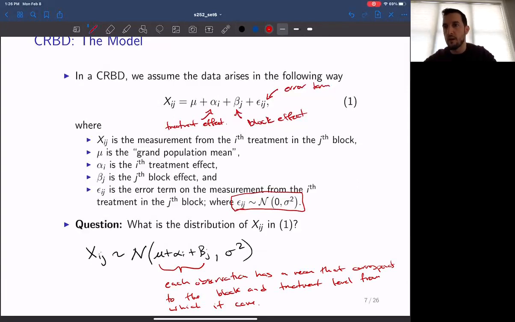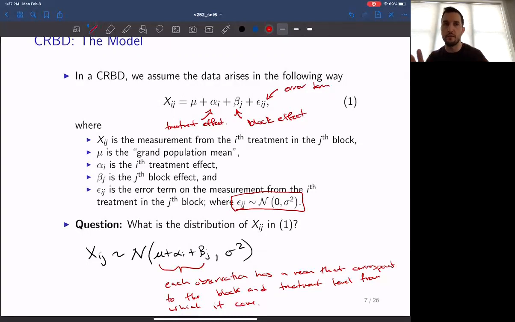With the one-way ANOVA, we said all of the data are normally distributed. All of the data have the same variance, but the data points can belong to normal distributions with separate means. With the CRBD, we are saying the exact same thing. All of the data are normal. All of the data have constant variance, but the data can belong to normal distributions that have a different mean, where the mean is influenced by both the block and the treatment.